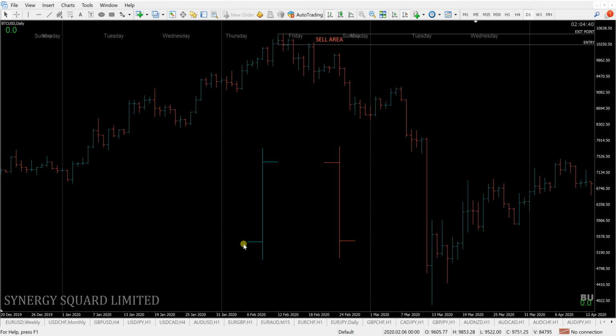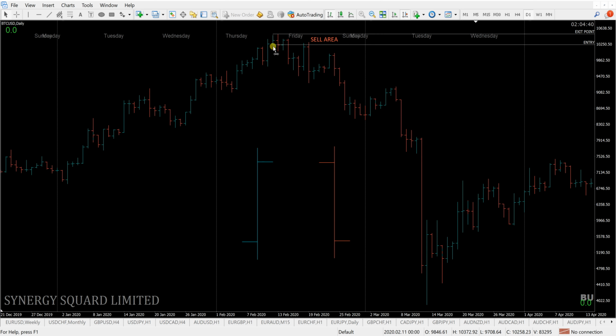That is the bar chart. These hashes on the right are the closing prices for this time period, for this daily bar. This is the close, this is the close, just like that.